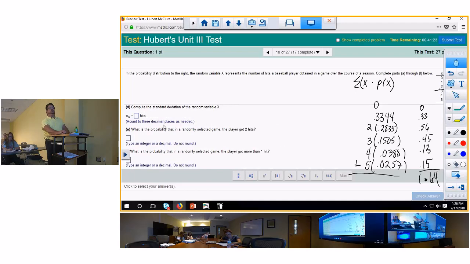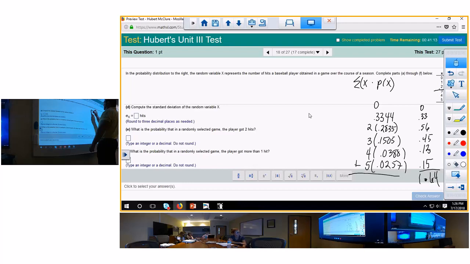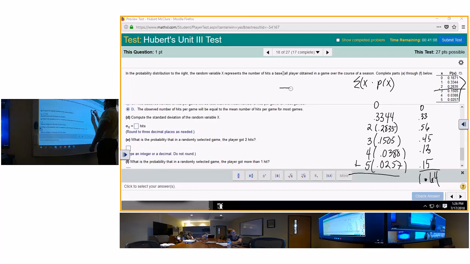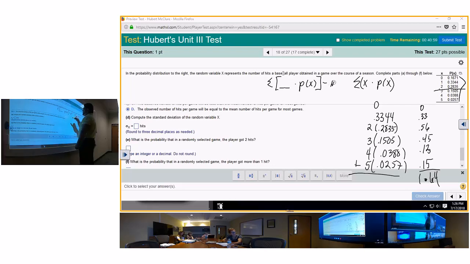All right, compute the standard deviation of random variable x. Now, how do we find it? Remember, we have to add another column, and we have to do x squared times p of x, and we add that up, and then we subtract the mean squared, and then we take the square root of that, because that's the variance.